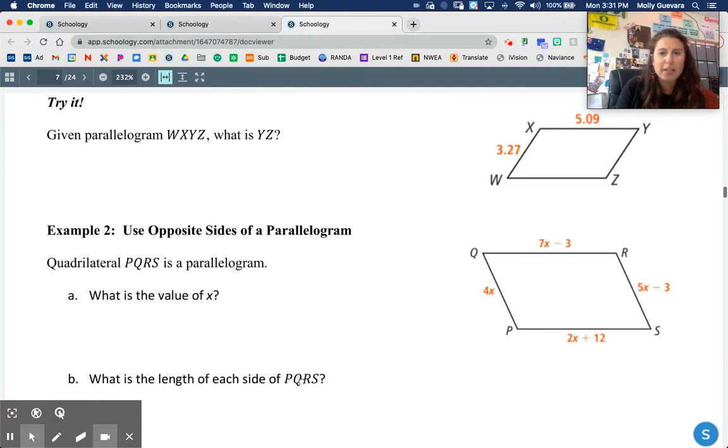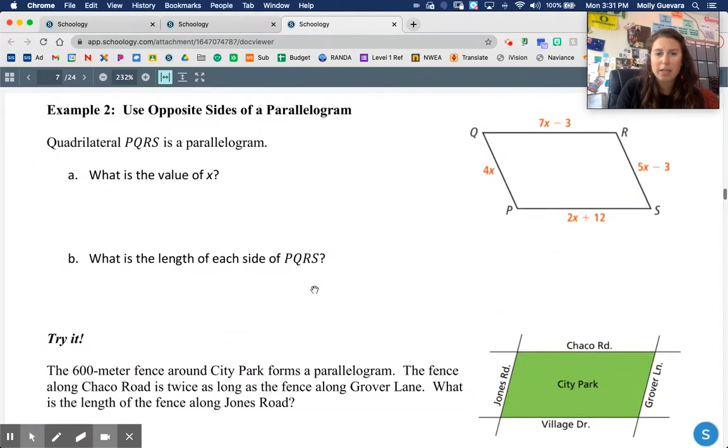Let's look at one that gets a little bit more complicated, but the same idea. Here I have quadrilateral PQRS, and I'm told that it is a parallelogram. So it tells me that my opposite sides are parallel and congruent. Here it says, what is the value of x? I know that opposite sides are equal to each other.